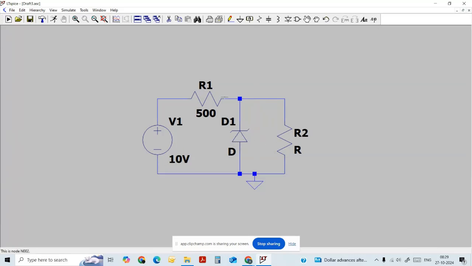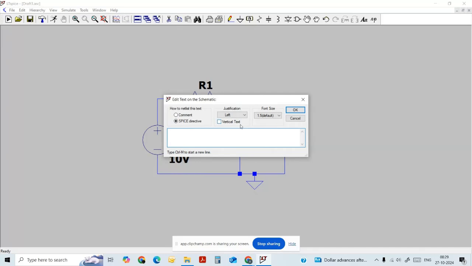Okay, and we will define the Zener diode.